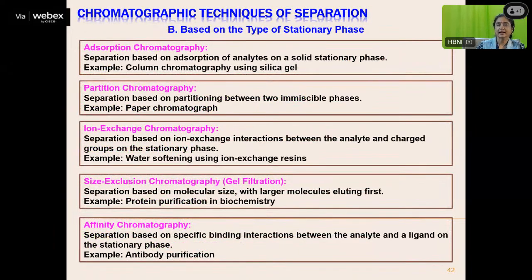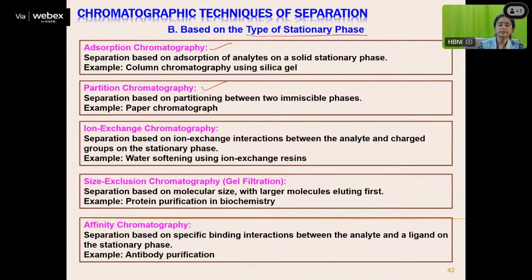Now, another criterion is the type of stationary phase. You can classify chromatography that way too. First is adsorption chromatography. The separation is based on adsorption of the analyte on a solid stationary phase. An example is column chromatography using silica gel.